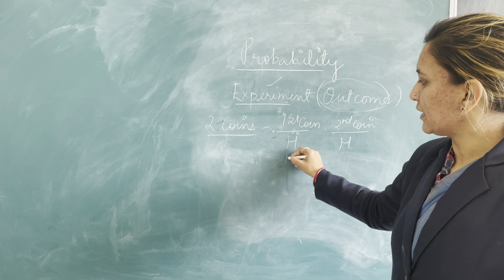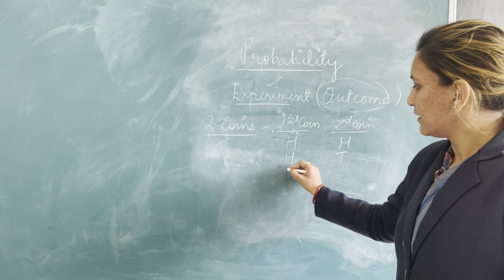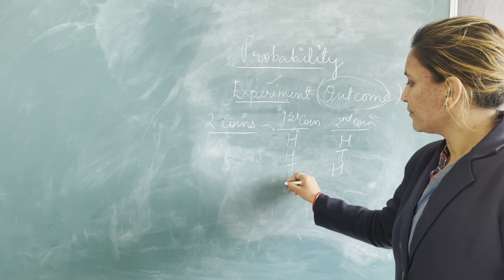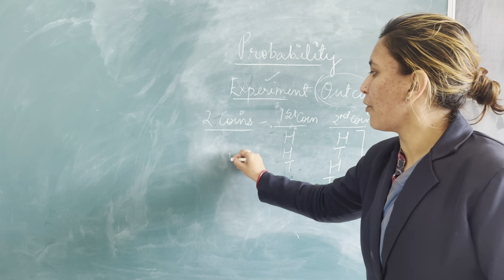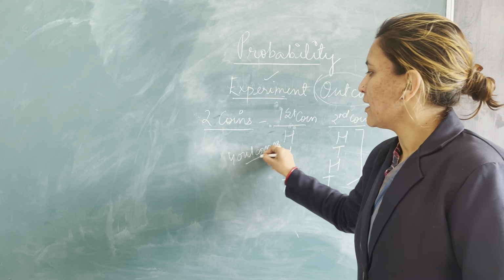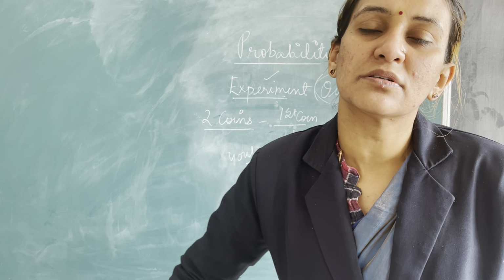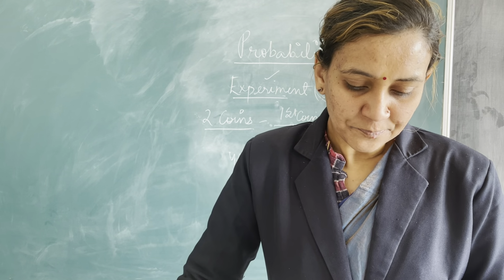On the first coin again it could be head, but on the second coin it could be tail. Then there can be tail, head, and tail, tail. So what are the total outcomes? There are 4 outcomes of tossing two coins. Is it clear? Got it, everyone? So outcomes are the result of the experiment or the process of the action, right?